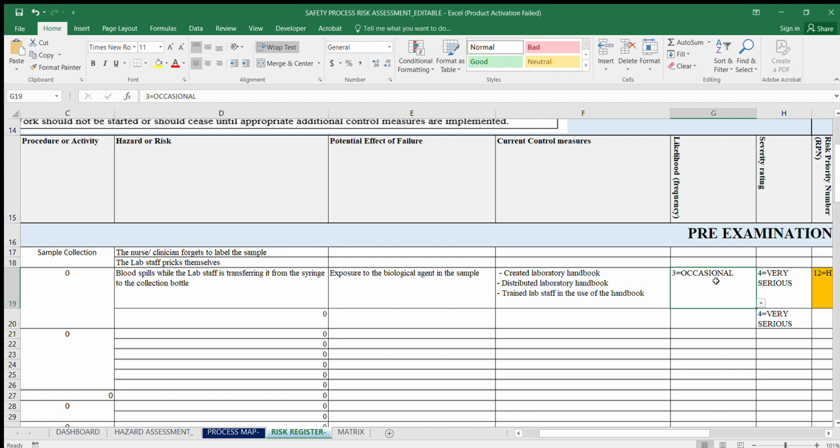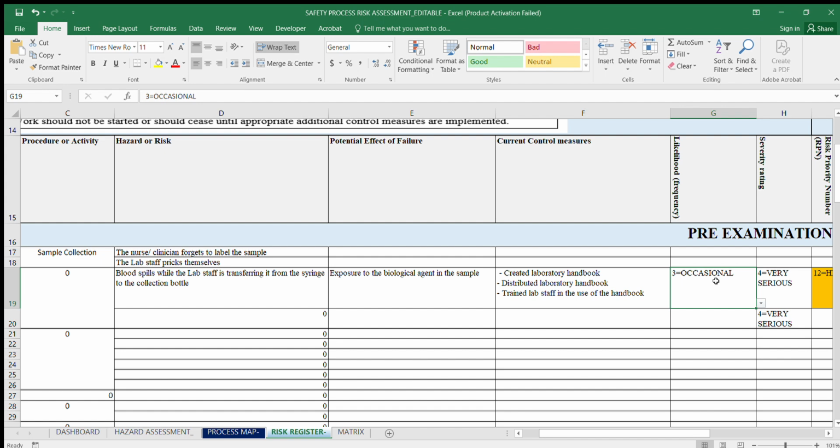In that case, you at least get an accurate idea of where the probability or the likelihood of this scenario happening again will fall.